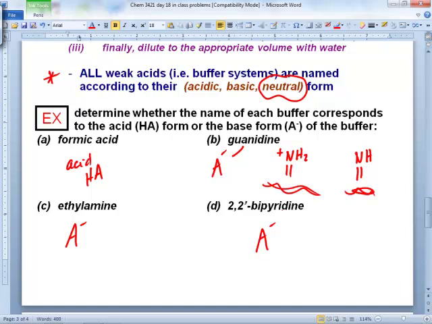So what's the point of all this? The point is, it's coming up, I say you have 250 milliliters of 0.89 molar ethylamine.